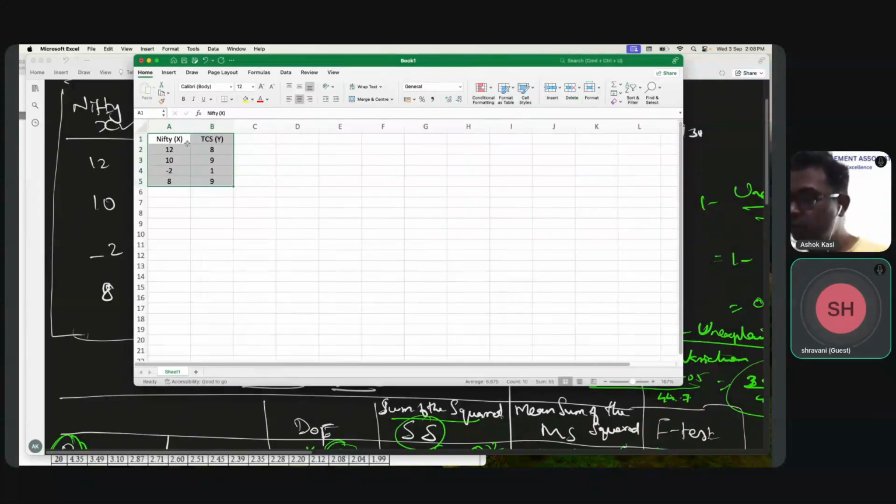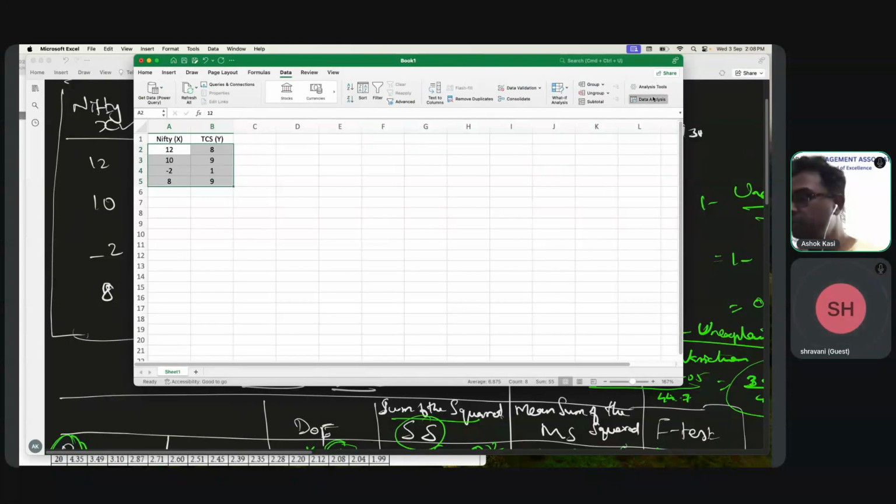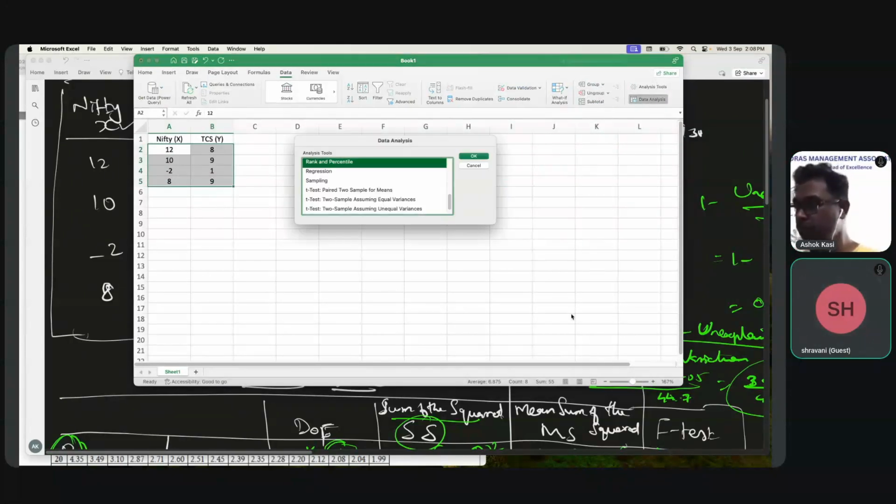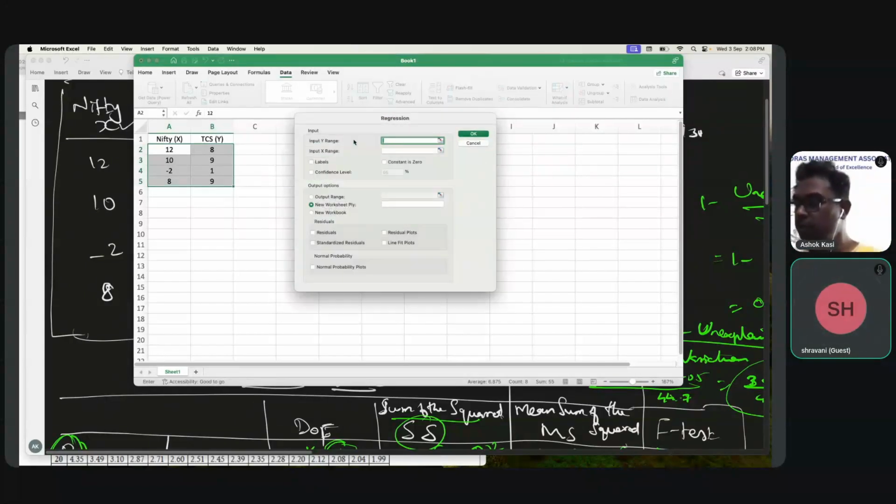I'll select this number, go to data analysis, then regression. Then Y range. So Y is this number. Then X range is Nifty. Then that's it. Then output.